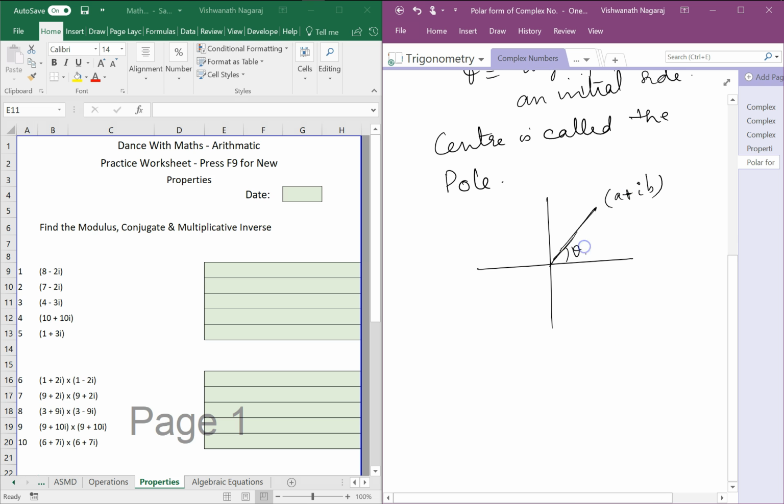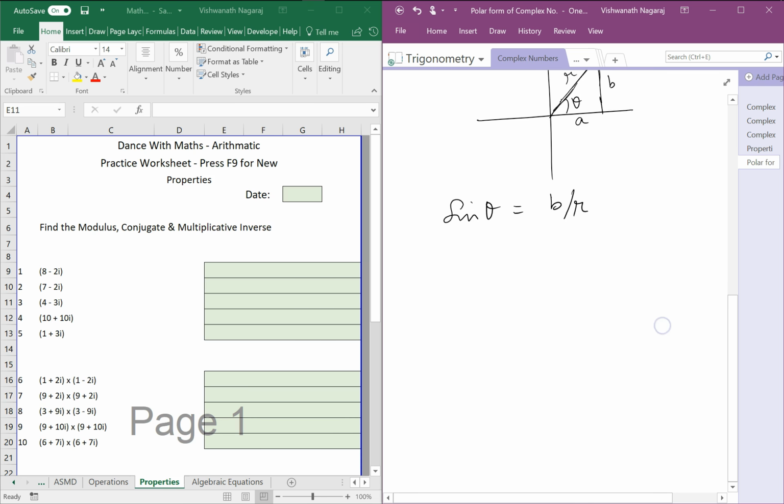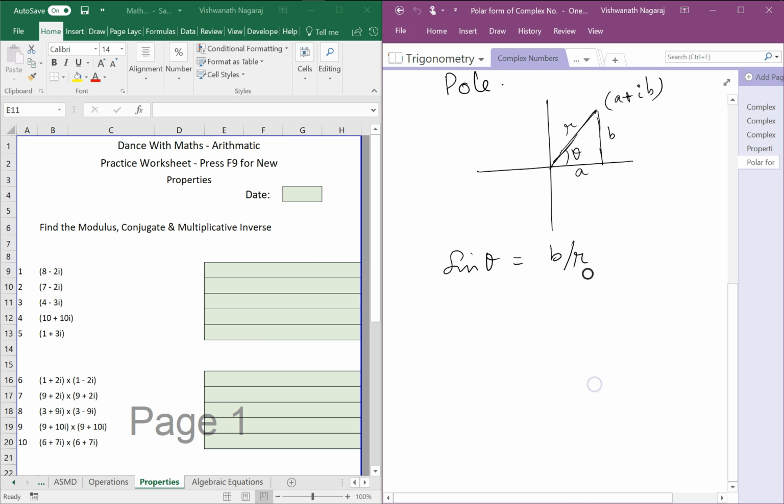This is the angle theta formed, and remember we know that this is b, this is a, and this is r. Sin theta is equal to what? Sin theta is equal to opposite by hypotenuse. Cos theta is equal to what? Adjacent side by r.